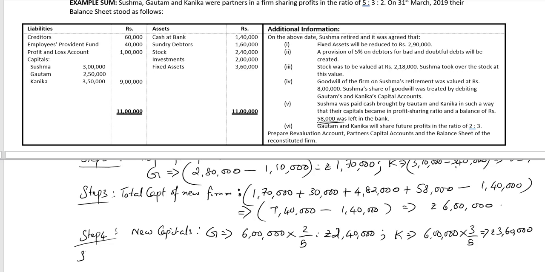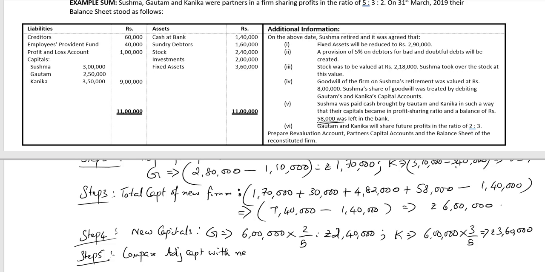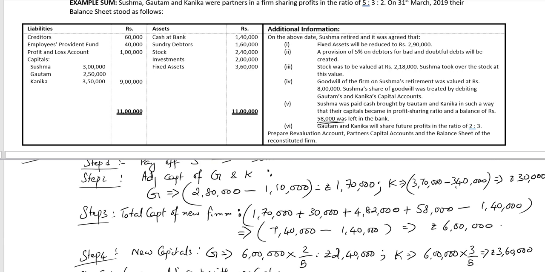The final step 5 is to compare the adjusted capitals with the new capital. In the case of Gautam, the adjusted capital is 1,70,000 rupees as per step 2.